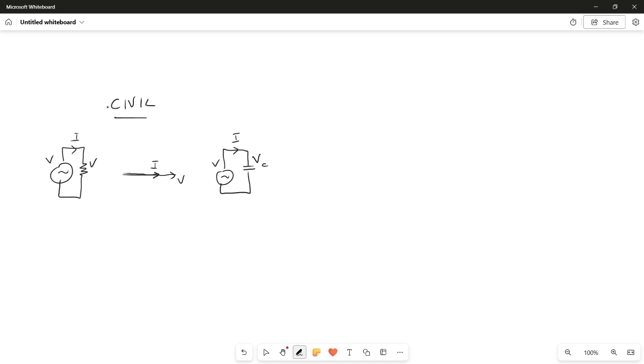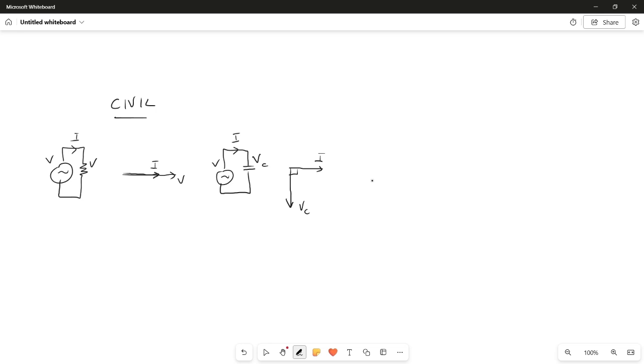For a capacitor, the current leads the voltage. So if this is my current, then my voltage will be below here, VC. Okay, 90 degrees, because this is rotating anticlockwise, and so my current is ahead of my voltage.